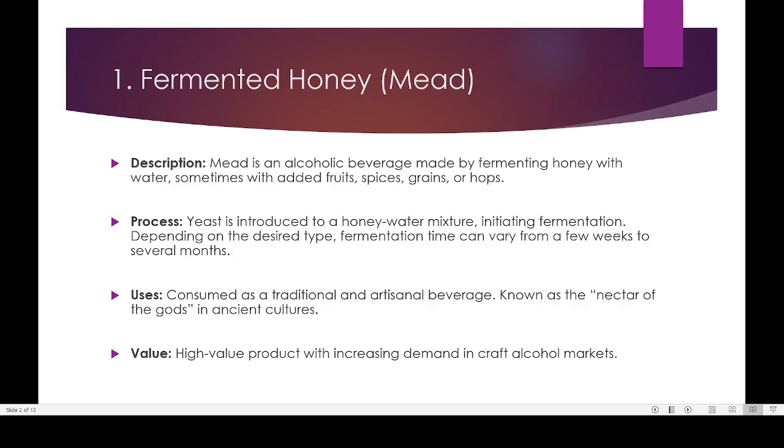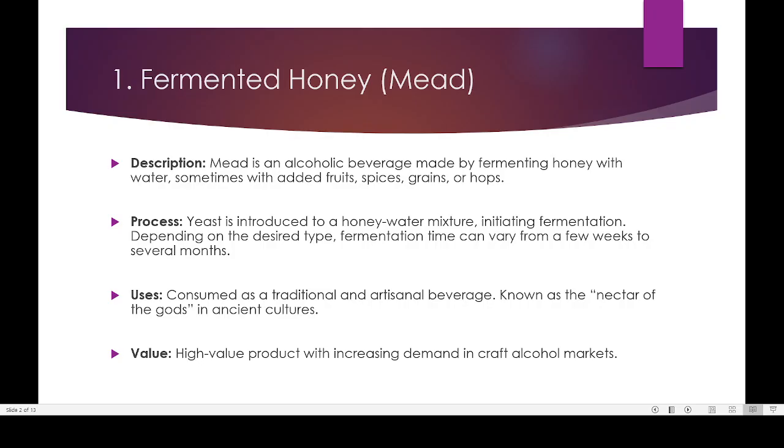So fermented honey is a very useful product, because it is a high value product with increasing demand in craft alcohol markets. That is also some of the advantages. Fermented honey is mainly used as a beverage, just like alcohol.